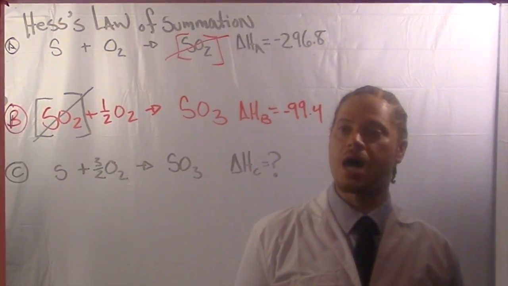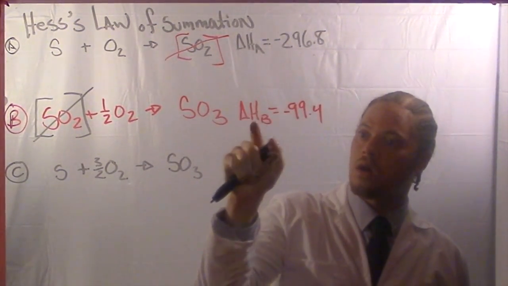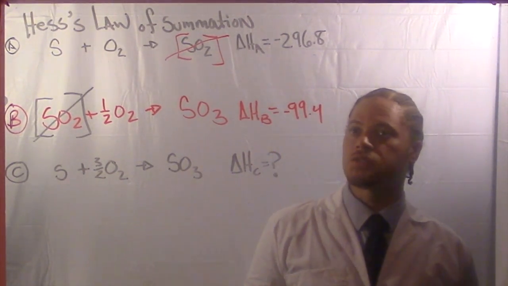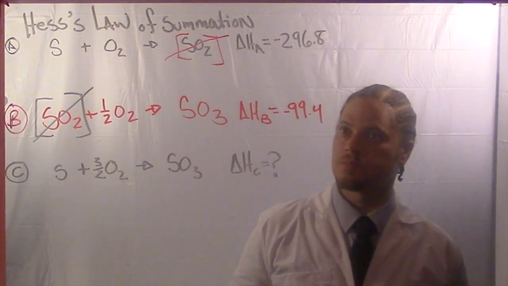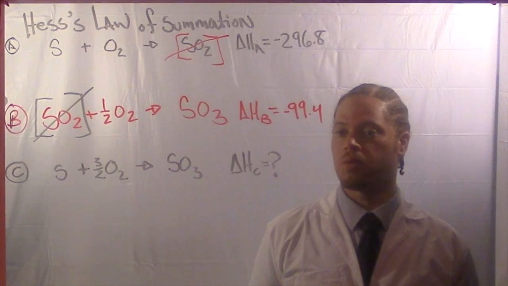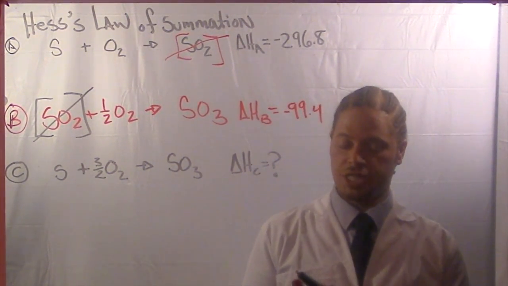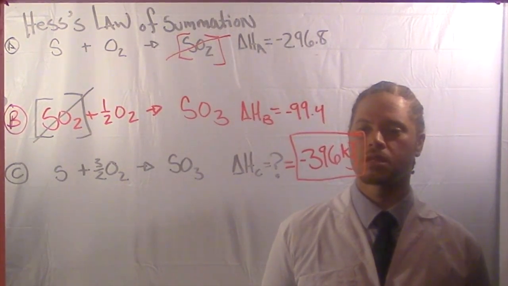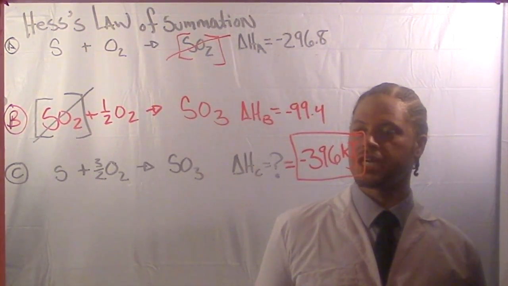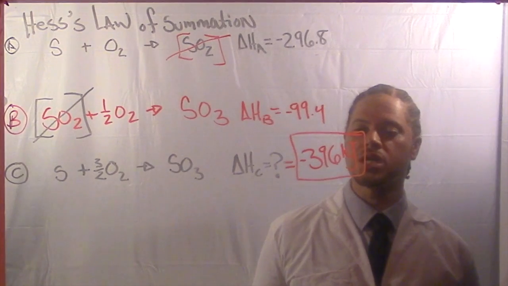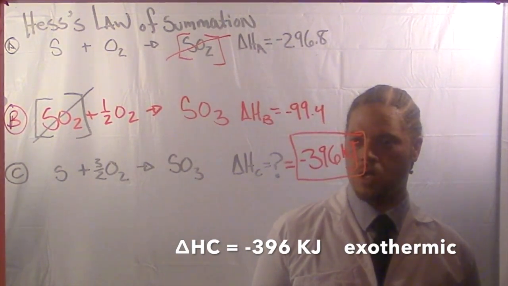All we have to do now is add our change of H's. Negative 296.8 plus negative 99.4 will give us our new change of H. Our new change of H is negative 396.